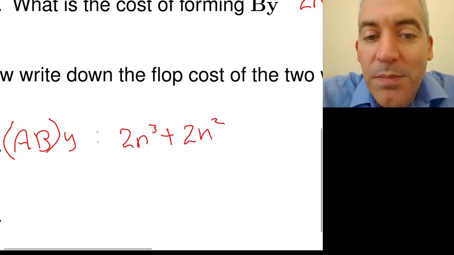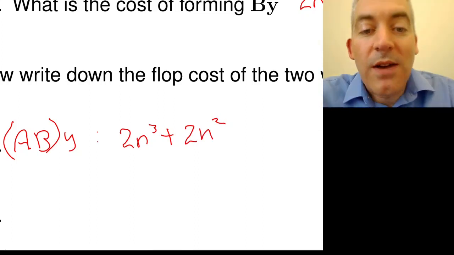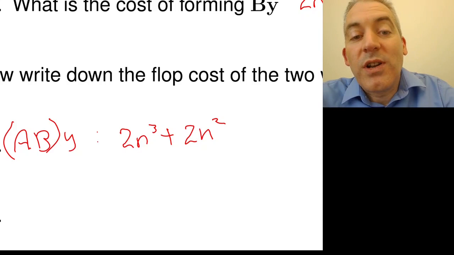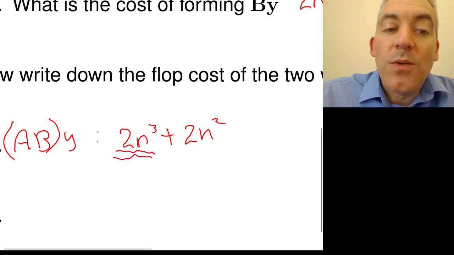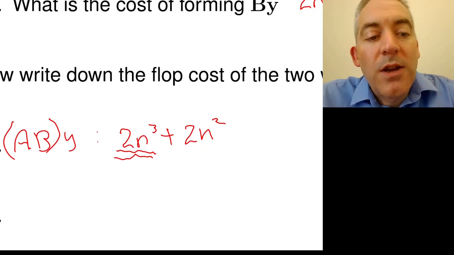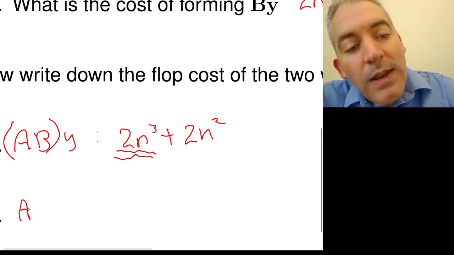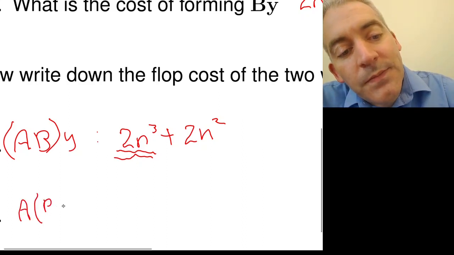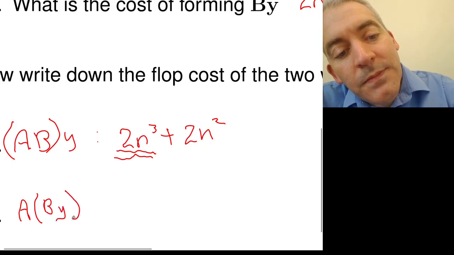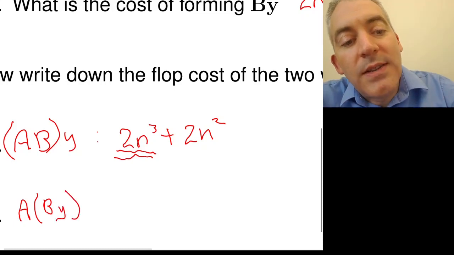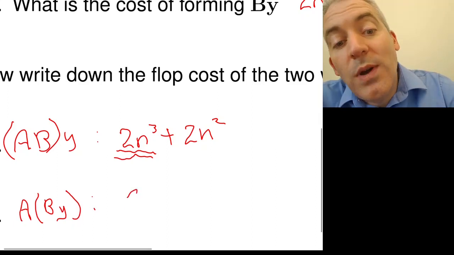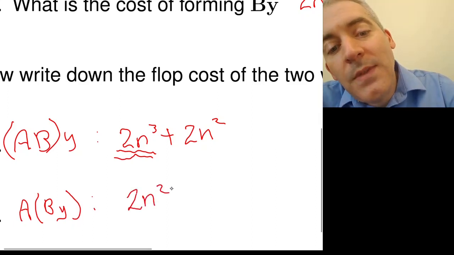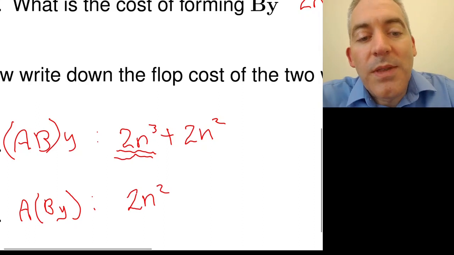Essentially we only really care about the leading term, which is this 2n cubed. That's going to dominate. Whereas if we do it the other way, the first operation is the product BY, which is only 2n squared, and then the other operation is going to be the same.